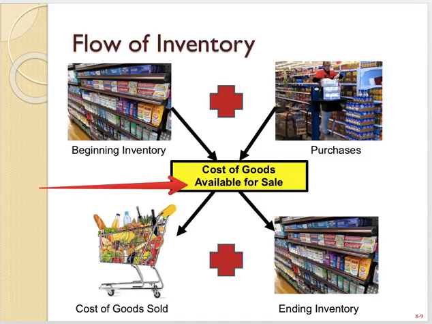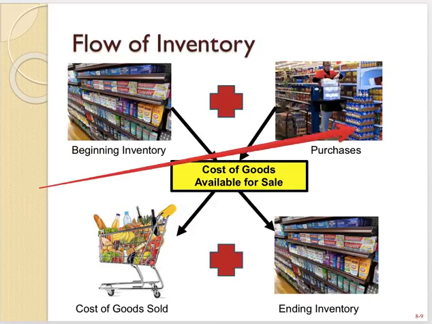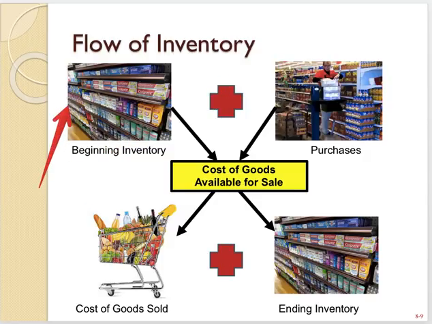And then, out of everything we had available that we could have sold, either we sold it and it's cost of goods sold, or we didn't sell it and it's ending inventory. Okay? So the math on this basically tells you that your beginning inventory plus your purchases also equals your cost of goods sold plus your ending inventory.